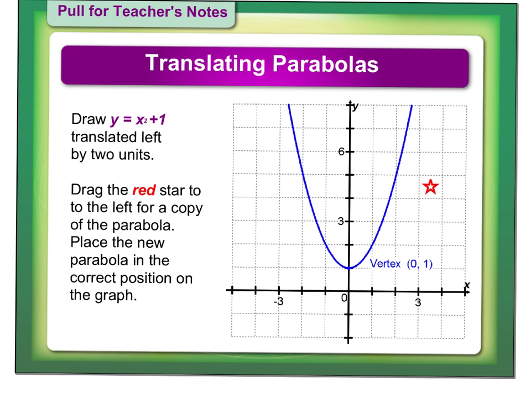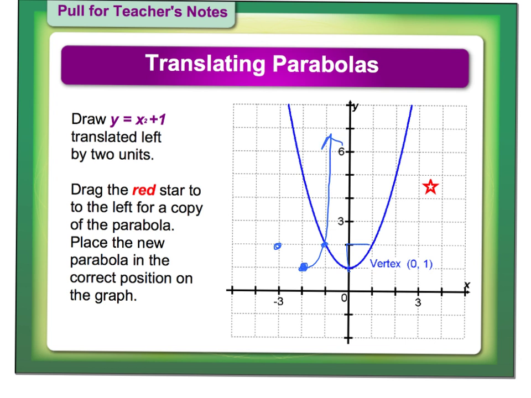Here's a parabola whose equation is y equals x squared plus 1. You have already learned that adding this plus 1 shifts your parabola up 1 vertically. And now they're asking us to translate it left by 2 units. You would take your parabola, and I always start with the vertex, and move it left 2 units, and then this was from here to here up 1 over 1, so you would just copy that behavior.